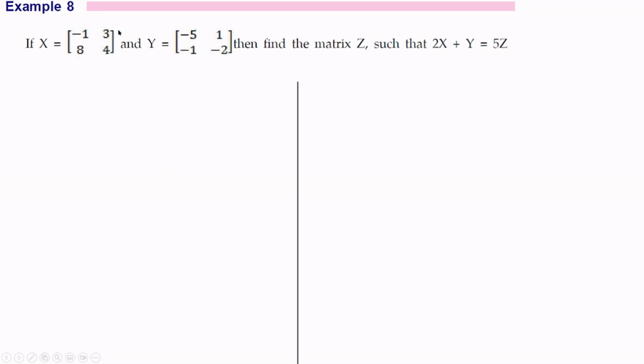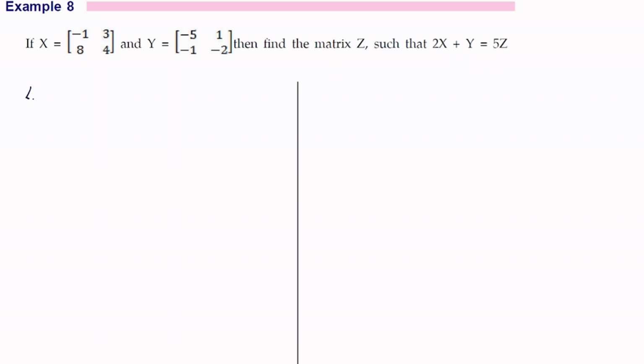If x is minus 1 3 8 4 and y is this matrix, we have to find the matrix Z such that 2x plus y equal to 5z. So here, if we have 2x plus y equal to 5z, then the order of z should be equal to the order of x and y.